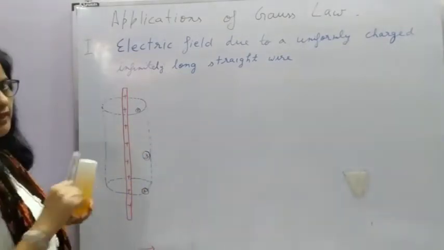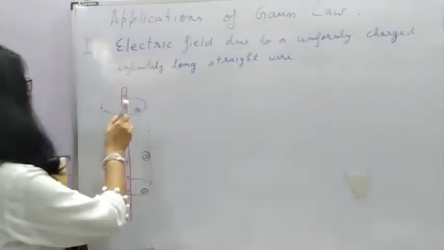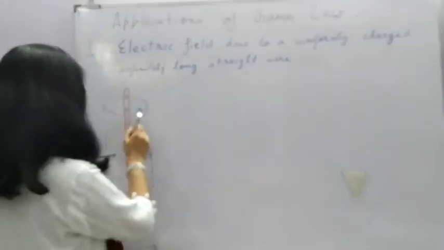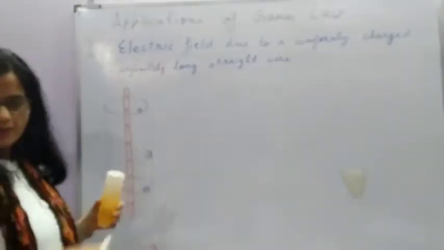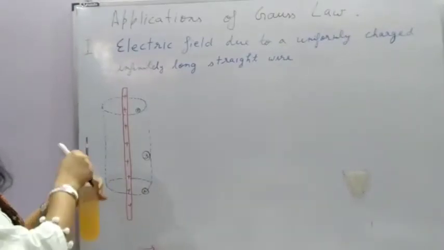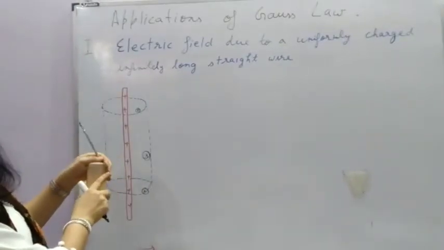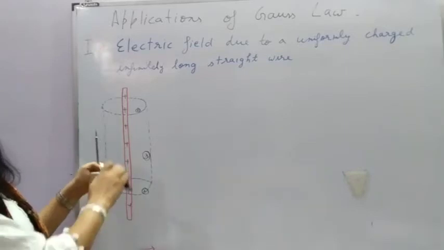We know that the electric field due to this wire will be normally outwards. So let's mark the electric field here. Since the wire is at the axis of this cylindrical Gaussian surface throughout, the electric field due to this wire will be normally outward.